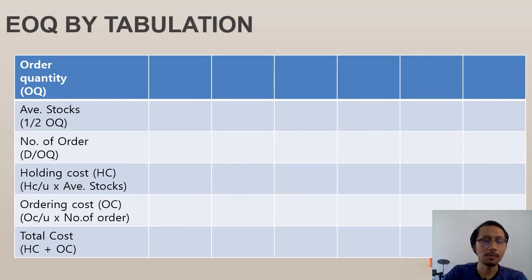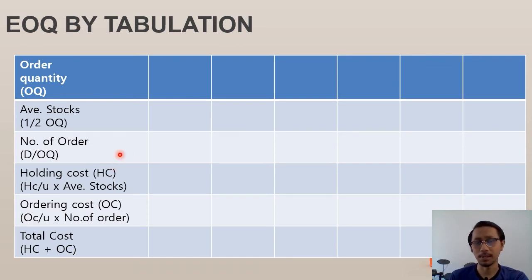Next, calculate your average stock, which will be half of your order quantity. The third line will be the number of orders. We calculate the number of orders by dividing the demand by your order quantity. So the first 3 lines here will be your top section.